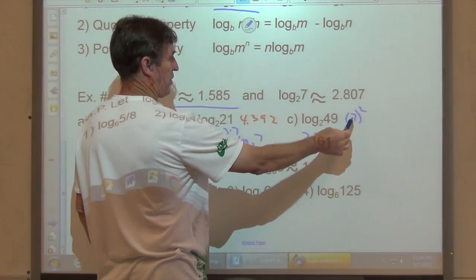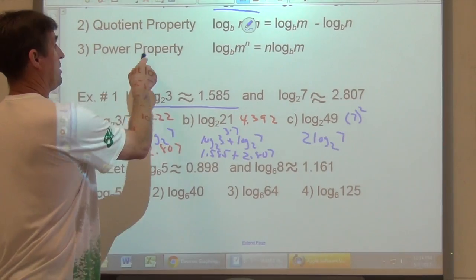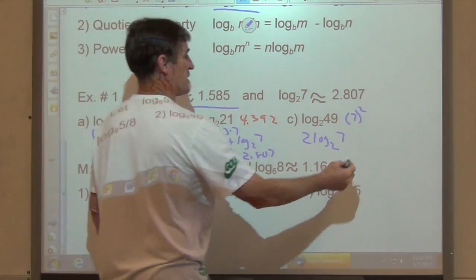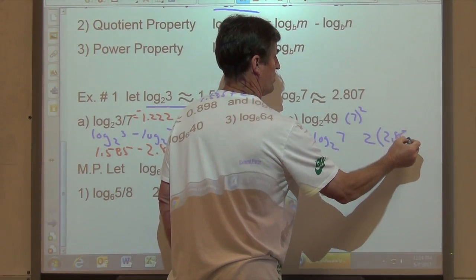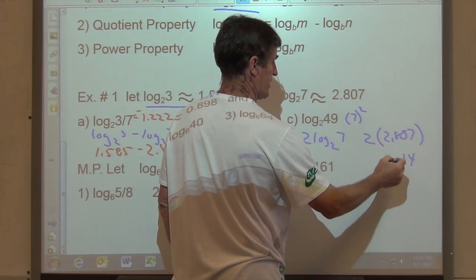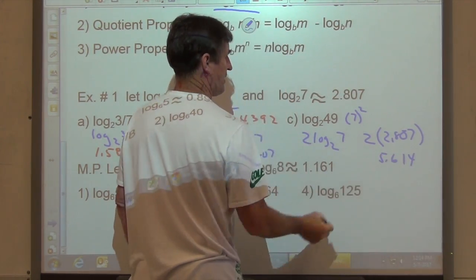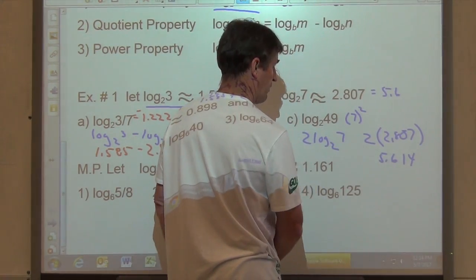So again, we change the 49 to 7 squared, then we move the 2 out front using the power property. And so this becomes 2 times 2.807, and we can multiply that and get 5.614.